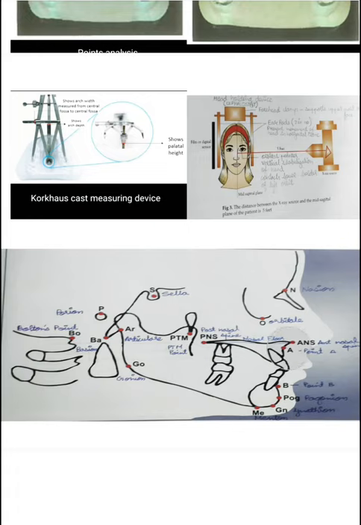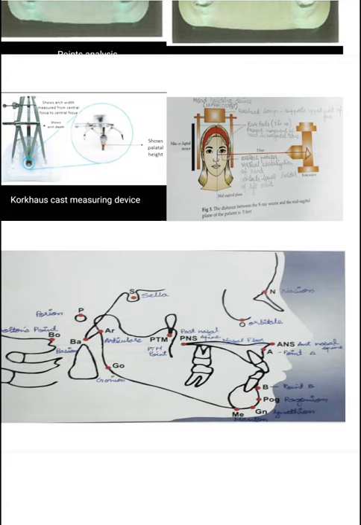Anterior nasal spine is the anterior tip of the sharp bony process of the maxilla in the midline, at the lower margin of the nasal aperture. Gonion is a constructed point. It is present at the junction of the ramus plane and the mandibular plane.